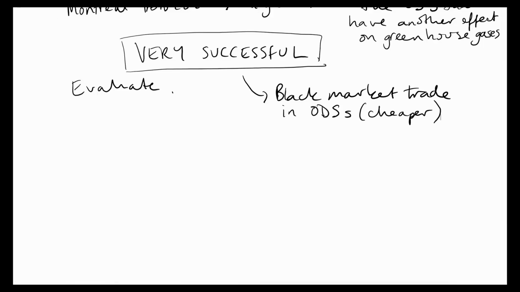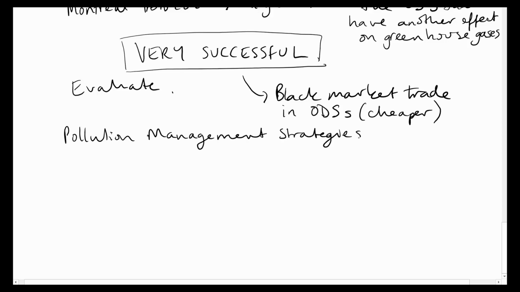So let's think about what else you might need to know. So if we go through the pollution management strategies, it's a popular exam type question. Okay, we've got the first one being altering human behaviour.